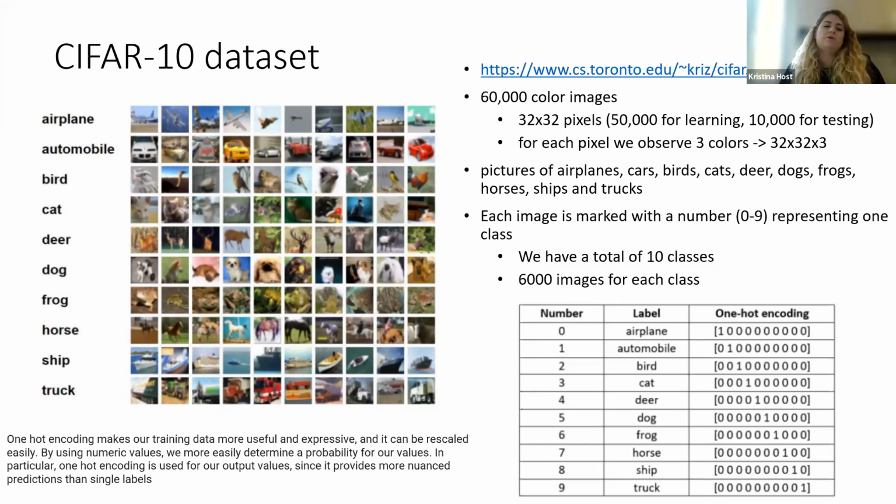So when we have supervised learning, we must have a lot of labeled data. One of the most famous datasets to get in touch with the field of computer vision is this CIFAR-10 dataset. It contains 60,000 color images that are 32 by 32 pixels, with 3 colors for each pixel.